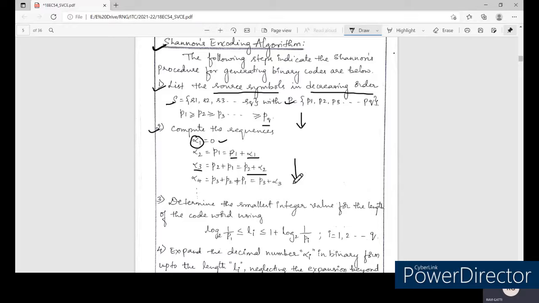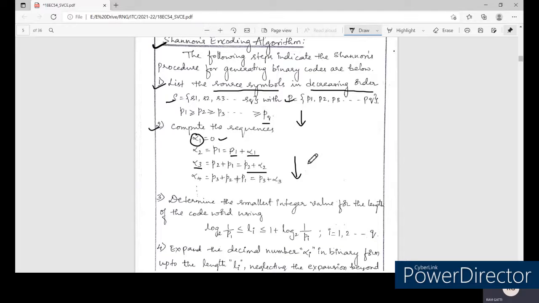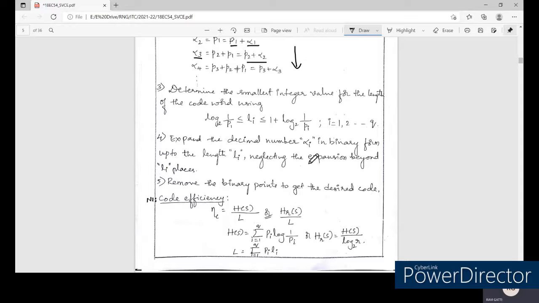The next thing you are supposed to do is determine the length, that is, for each given source symbol you need to find the number of bits needed to represent it.